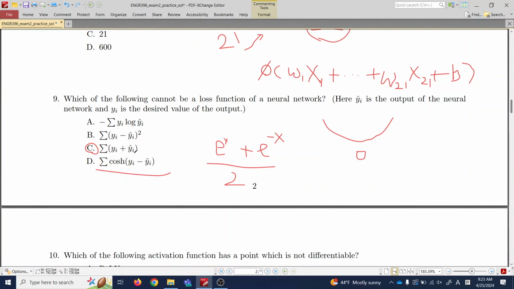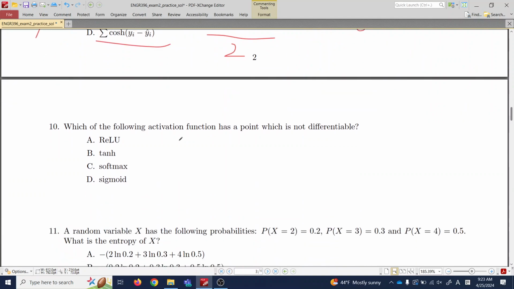So this function actually doesn't have a minimum. See, a line equation doesn't have a minimum, right? If you have a line equation, does it have a minimum? No, it can go down. Only when you have a parabola or something like that do you have a minimum. So C is not good. This cannot be used as a loss function for a neural network.